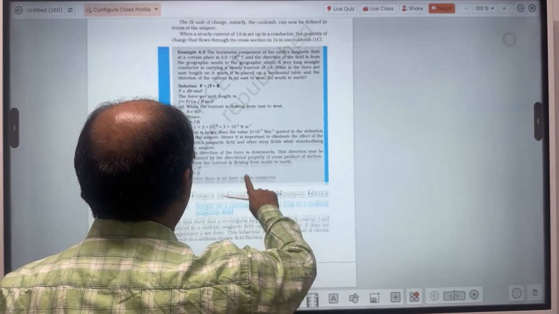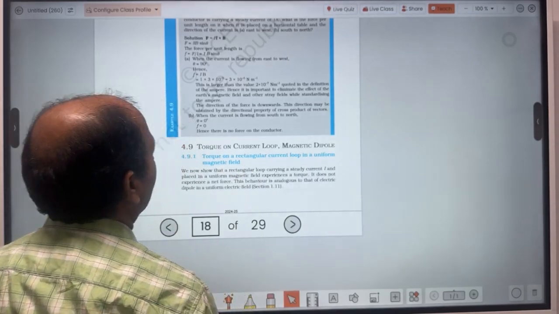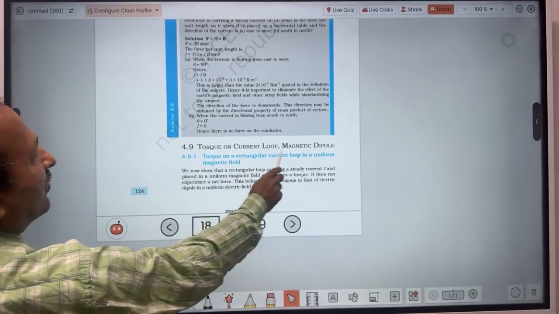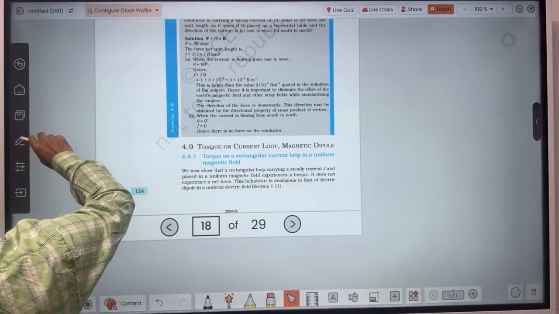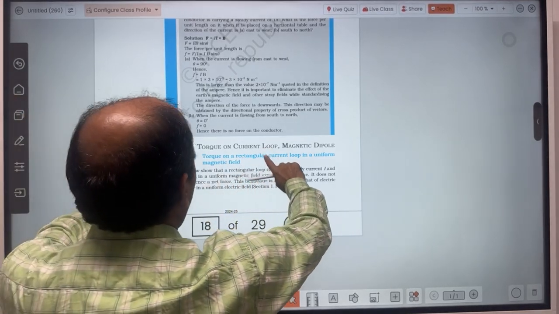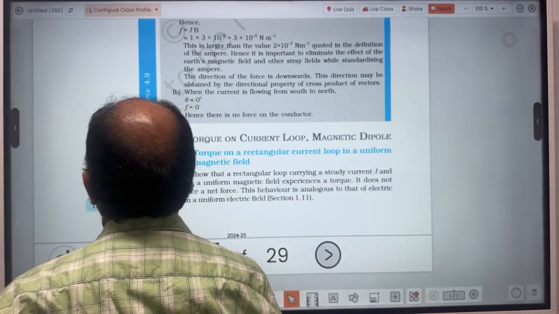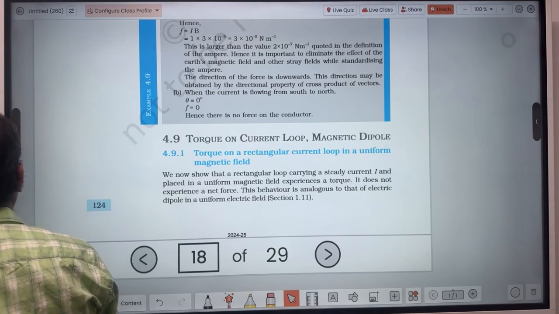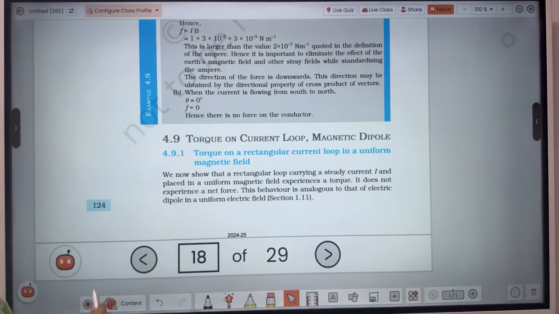Now we are going to analyze the next thing, torque on a current loop and magnetic dipole. So what is that? Torque, you understand? Force into perpendicular distance.